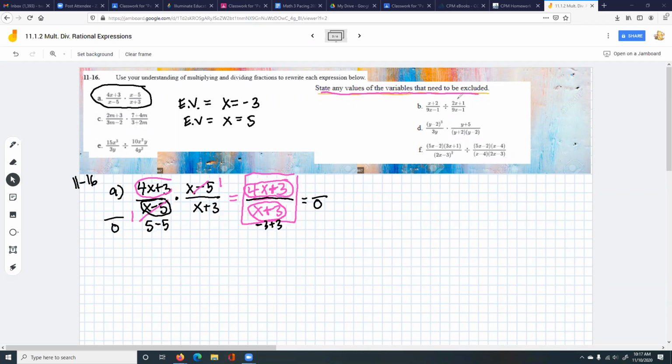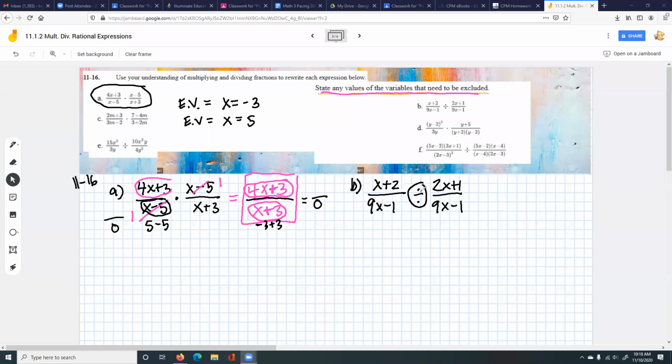Okay, so let's take a look at B here. B says x plus 2 over 9x minus 1 divided by 2x plus 1 over 9x minus 1. Okay, notice, you got to take note. Is this a multiplication or division problem?